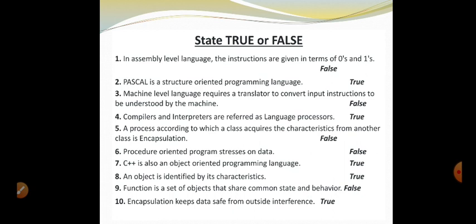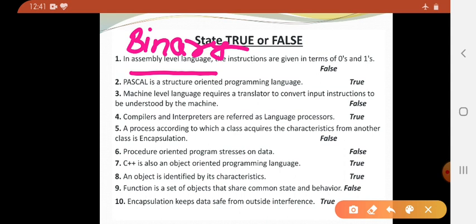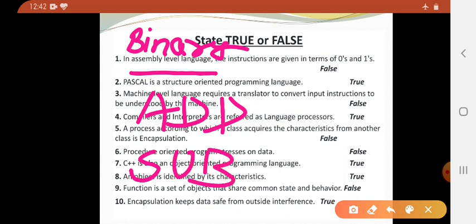No, it is the use of binary language. In binary level language, the instructions are given in terms of zeros and ones. But in assembly level language, it is written like add, sub. These types of instructions are given in assembly language.